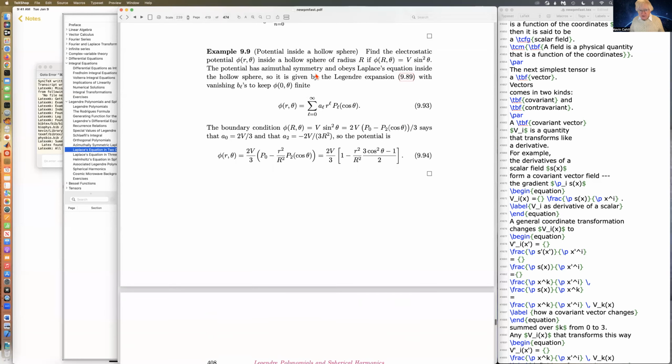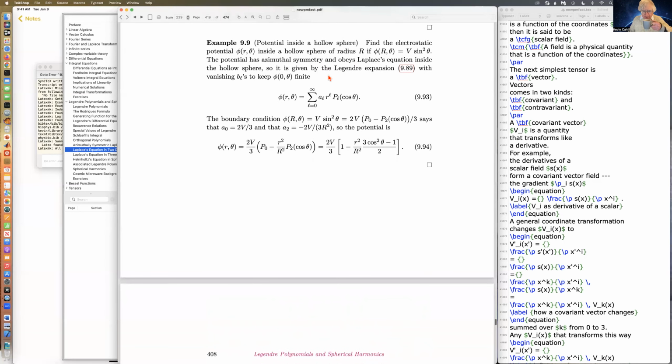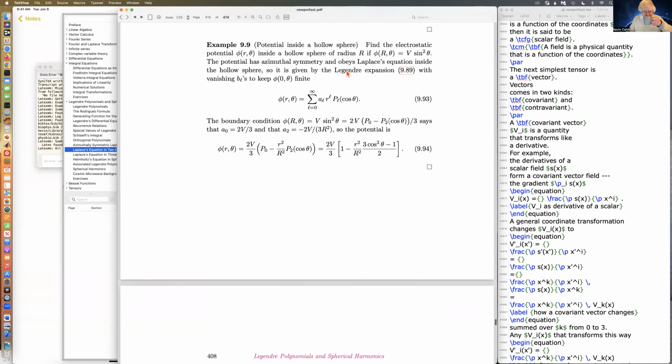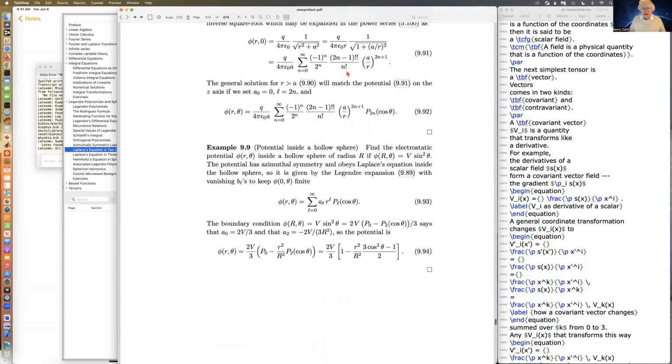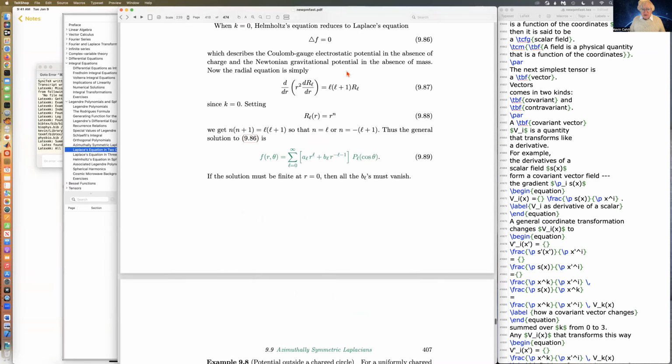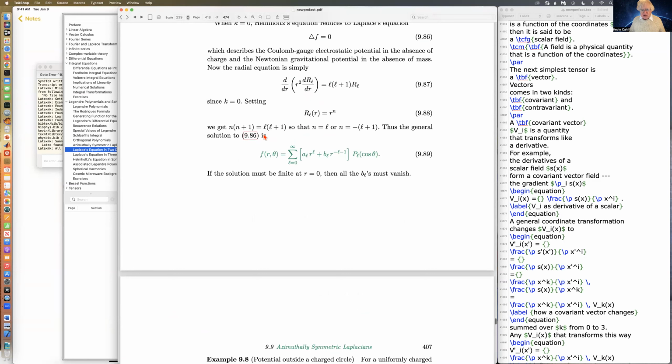You don't just have azimuthal symmetry. So it's given by that same equation. The solution of Laplace's equation in general is like this, a sum over all L from 0 to infinity. But since we're talking about the inside of a hollow sphere, there are no charges inside. You have nothing but vacuum inside the sphere of radius capital R.